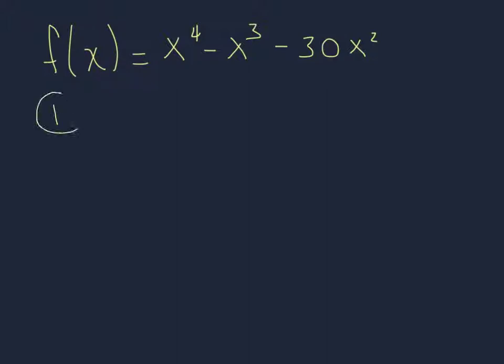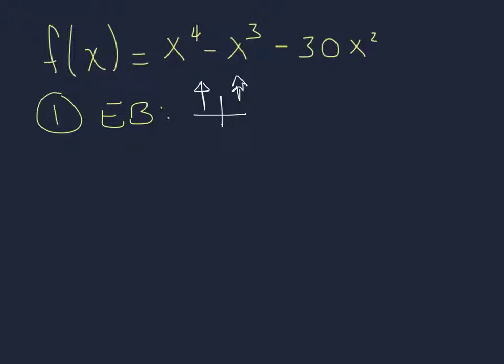I want to use the leading coefficient test to determine what is going on at the ends of this polynomial function. Because the degree of this polynomial is even, at the ends it's going to function like a parabola. Because it's positive, it's rising to the right and to the left.